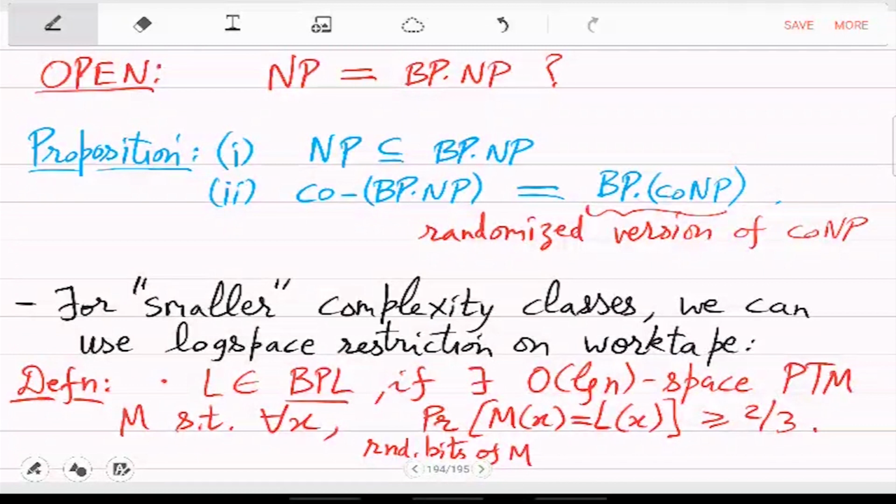Instead of L, we have defined BPL. We have expanded L to BPL by using this probabilistic Turing machine, and we can expand L in a different way, which is one-sided error instead of this two-sided.